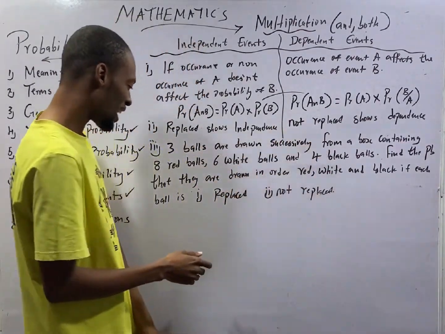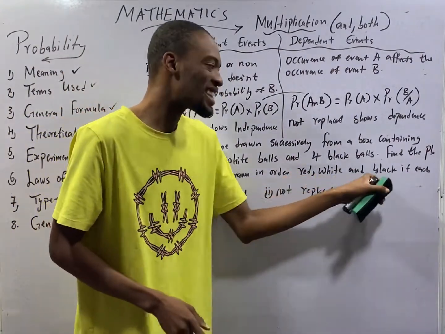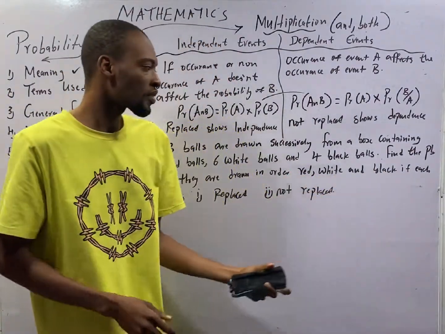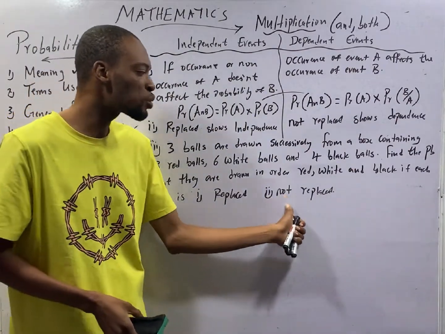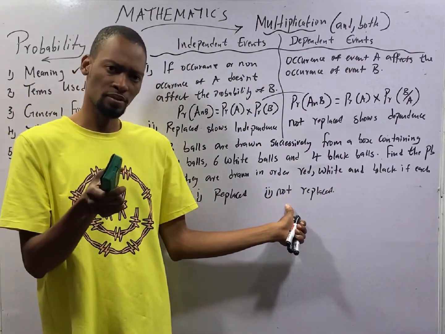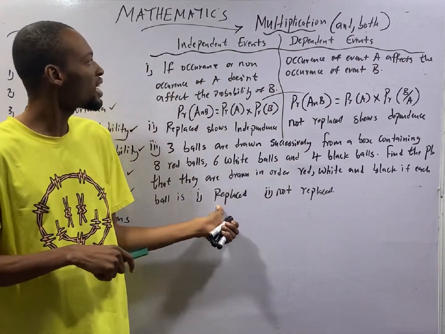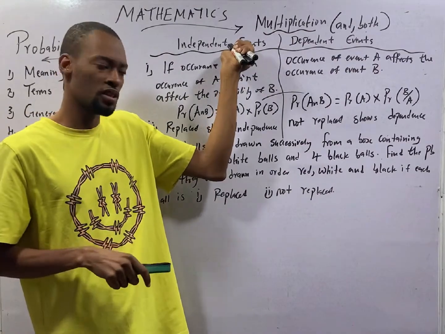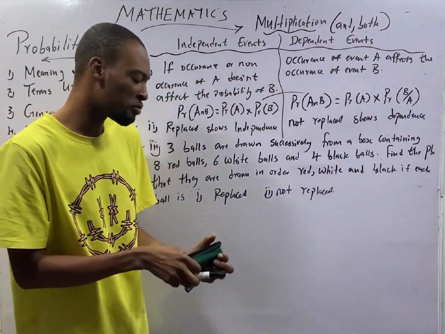Find the probability that they are drawn in order red, white, and black if each ball is 1, replaced and 2, not replaced. If the balls are replaced, then it is an independent event. Okay, let's see the number of balls.